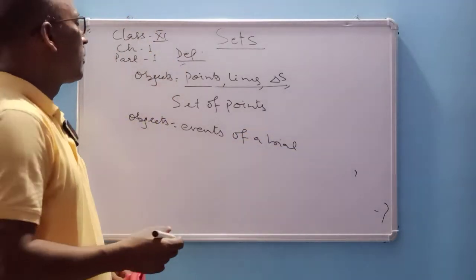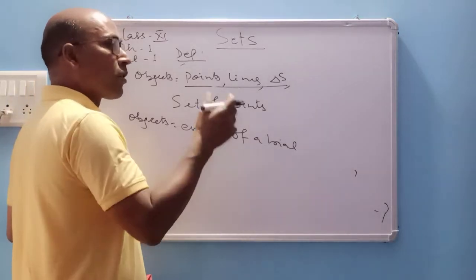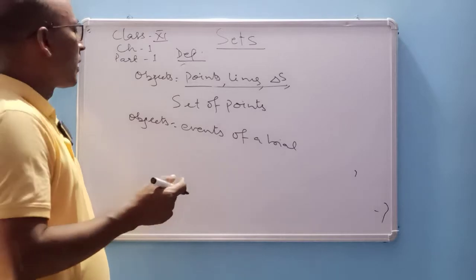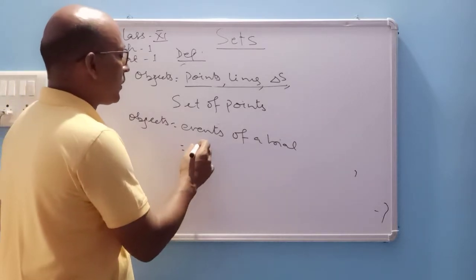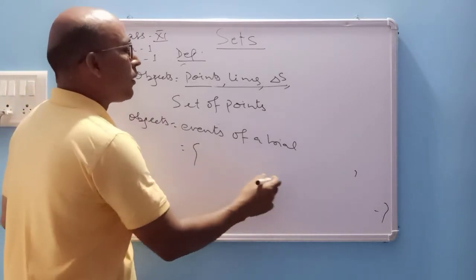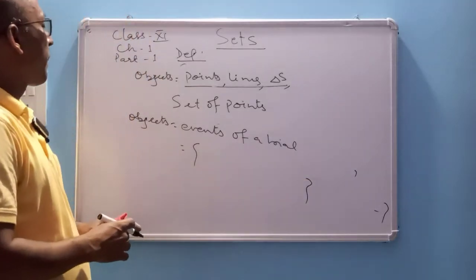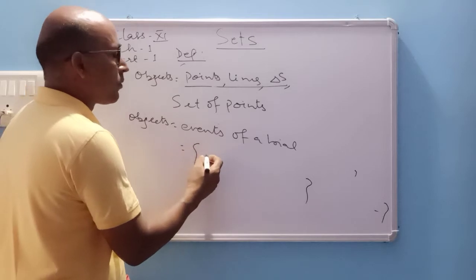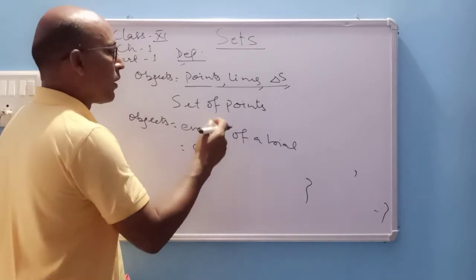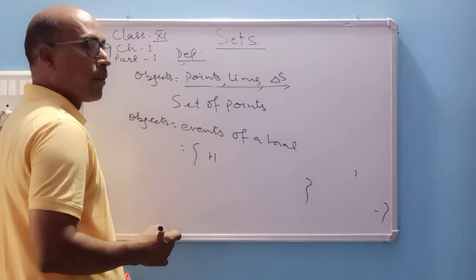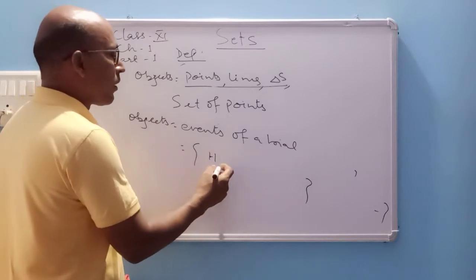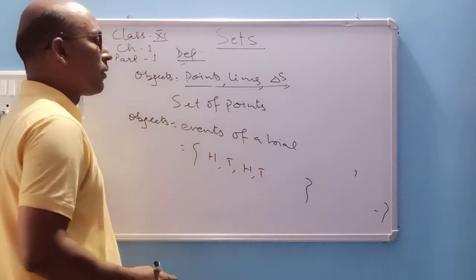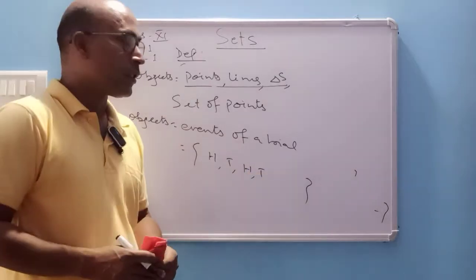Means when you throw a dice or toss a coin, either you get head or tail. And here again, the set is defined as the set of events when you toss a coin: head, tail, and so on.